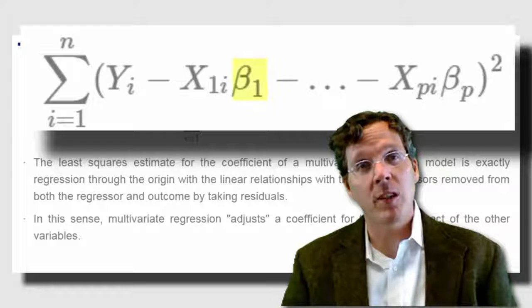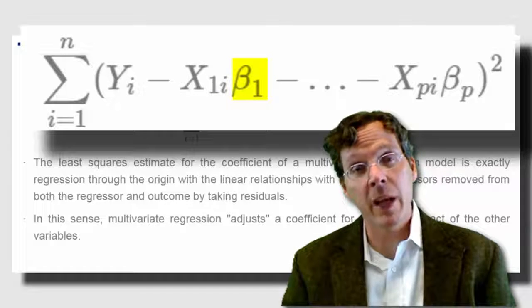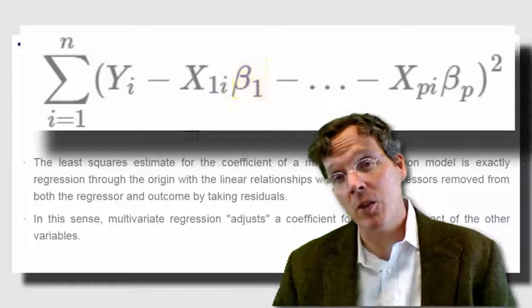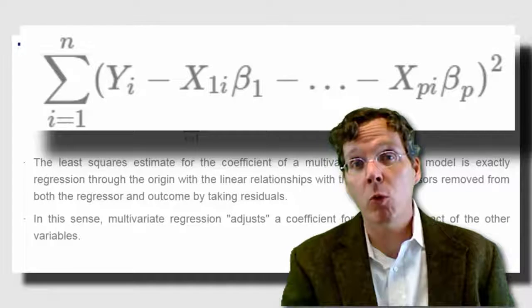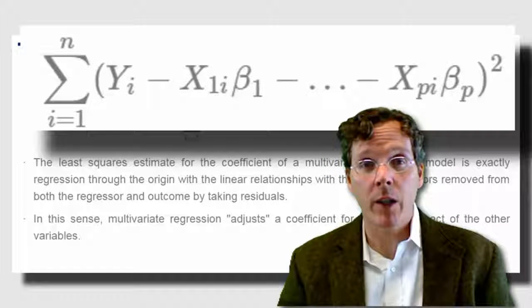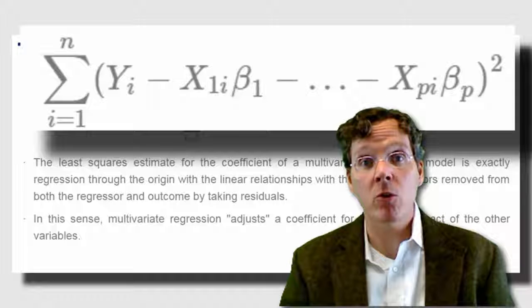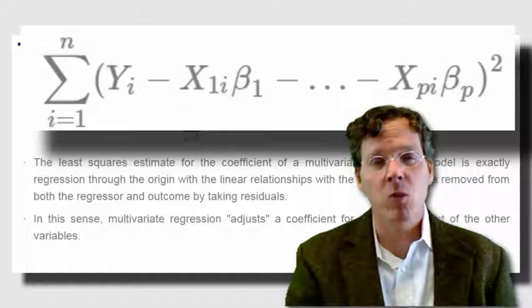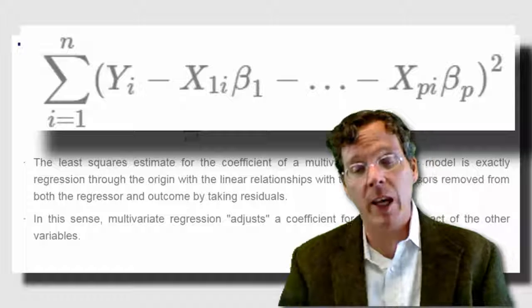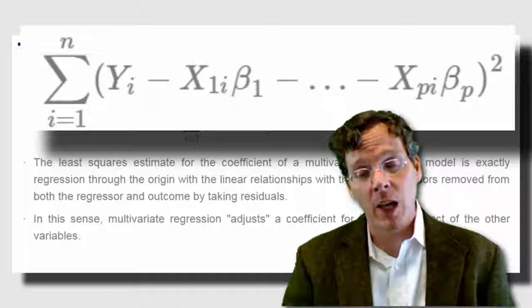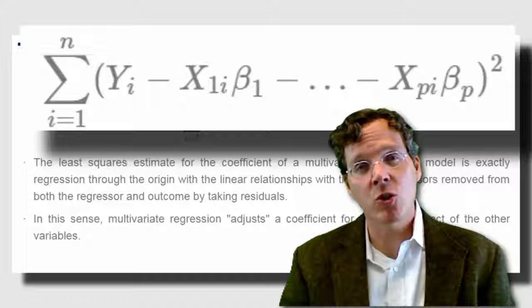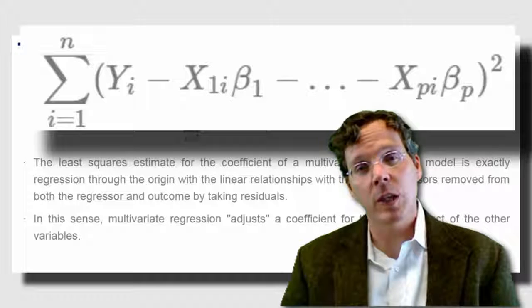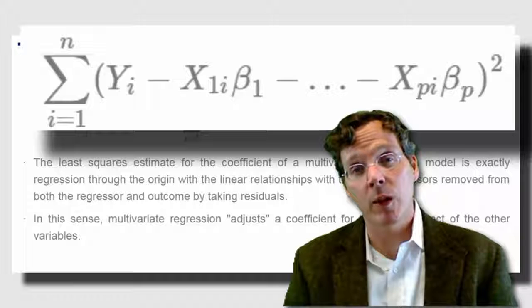So for example, the way in which we interpret the coefficient in front of x1, beta 1, is that the remaining regression variables, x2 up to xp, have been linearly removed from both y and x1, and then the relationship between those residuals is investigated by themselves. So y has been adjusted for the remaining variables, x1 has been adjusted for the remaining variables, and we look at those two together so that beta 1 can be thought of as an adjusted effect, having adjusted for the linear relationship with the other variables.